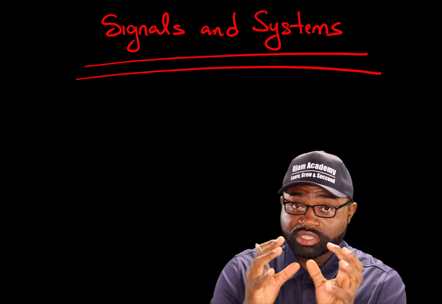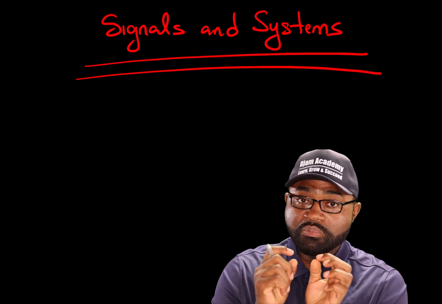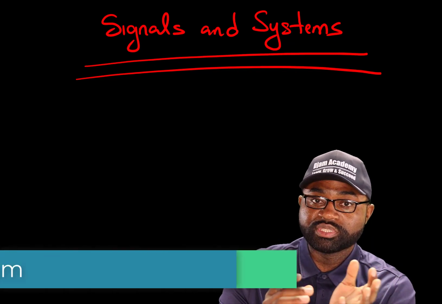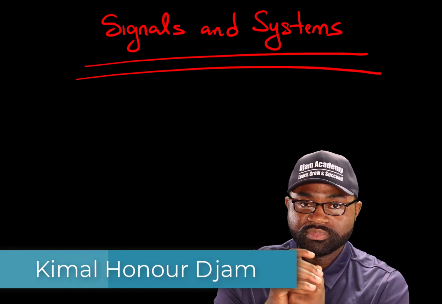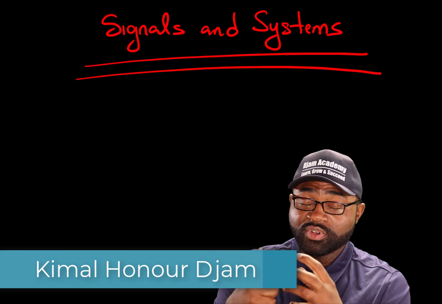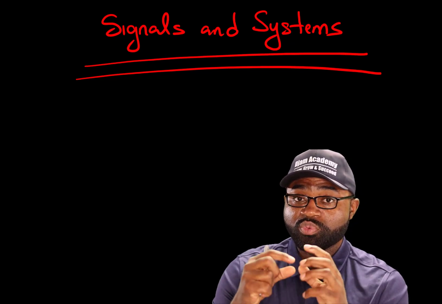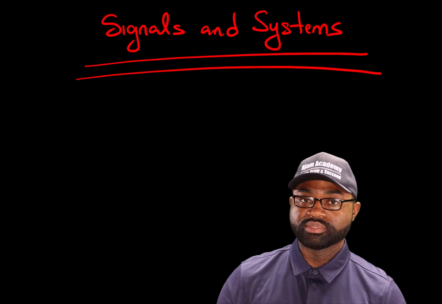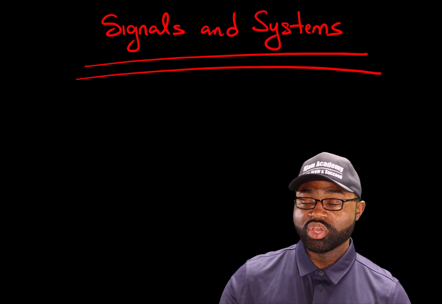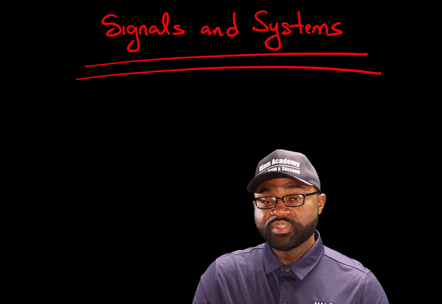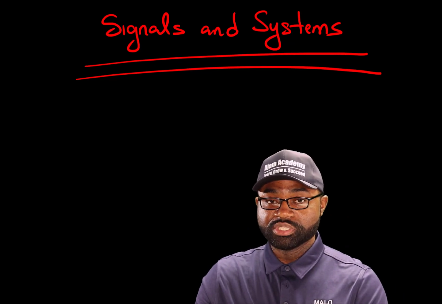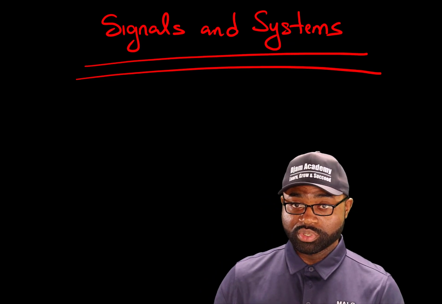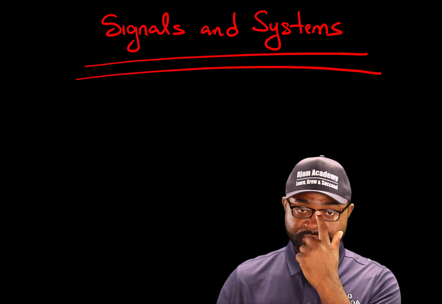We will discuss the conceptual meaning of systems and signals. The second objective is that we will broadly categorize systems and signals. And lastly, we will give the mathematical descriptions of the different types of signals that are important in medical physics.